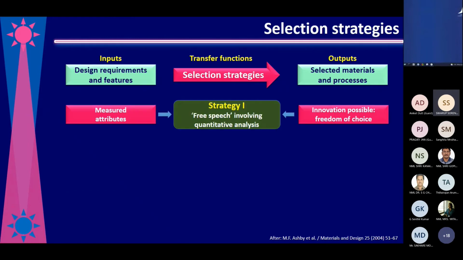The first strategy is measured attributes. In the design requirements, you put in numbers, that we want this much strength, this much modulus, this much corrosion resistance, this much temperature-bearing capacity. All these things are measured attributes. This is a very scientific way of doing it, and we end up with innovative possibilities, and you have freedom of choice.